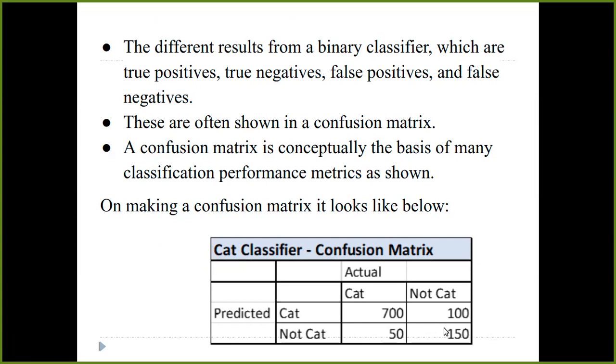The combination of these two correct predictions, 700 plus 150, which is 850, is divided by the summation of all predictions: 700 plus 100 plus 50 plus 150, that is 200 plus 800, total 1000. So 850 divided by 1000 means 0.85 will be the accuracy of the existing model.